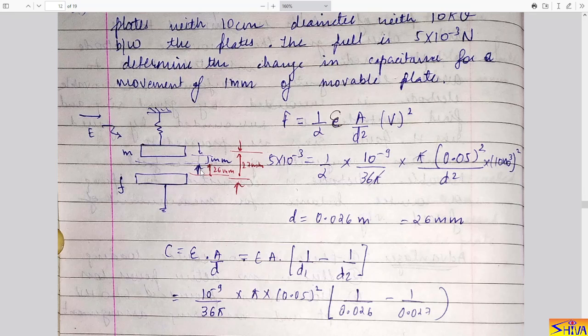When voltage is removed, this plate will come back to its original position, a distance of 1 mm away. So the original distance is 27 mm, and after force it is 26 mm. So the change in capacitance will be epsilon A into 1 upon d1 minus 1 upon d2.